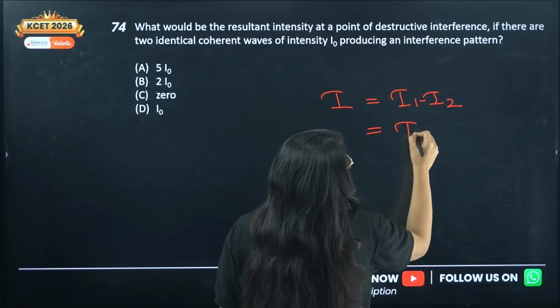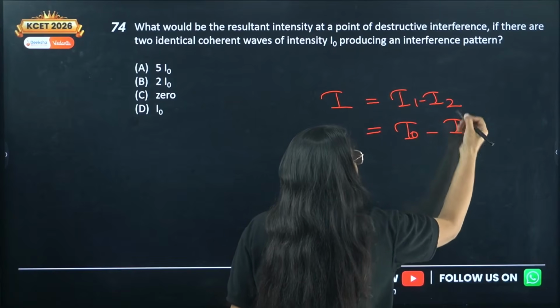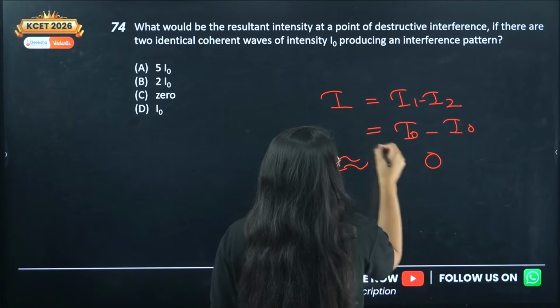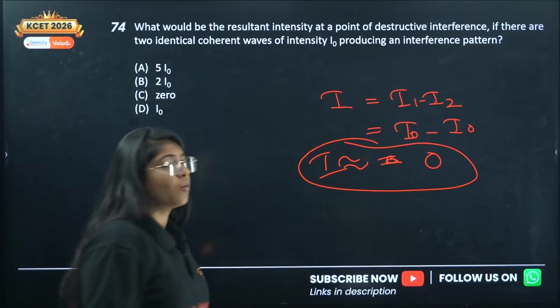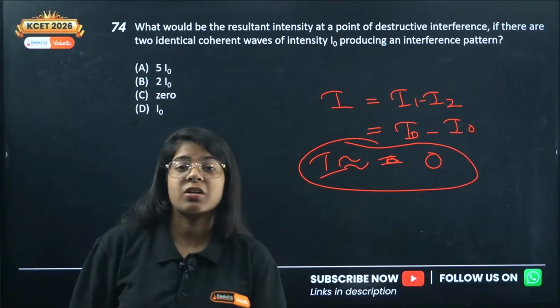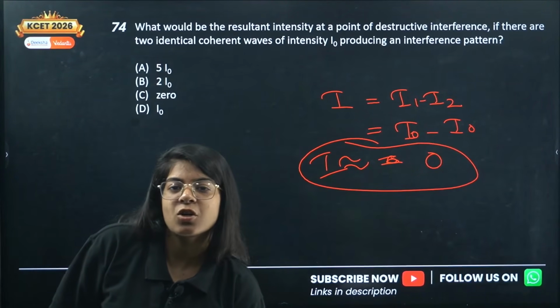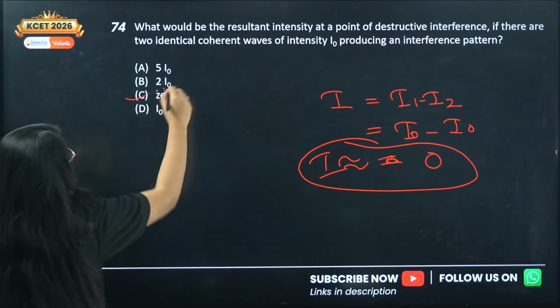So this is I naught and the other is also I naught. So this will simply be 0. The net intensity of both these waves, if they are forming a destructive interference pattern, will simply be 0. Correct? Okay. So the option will be C.